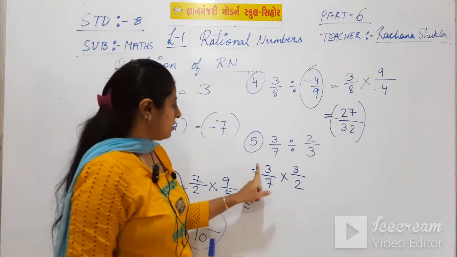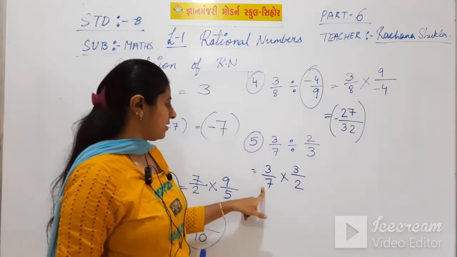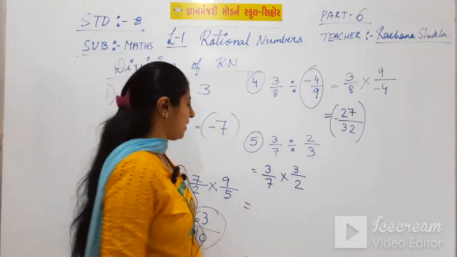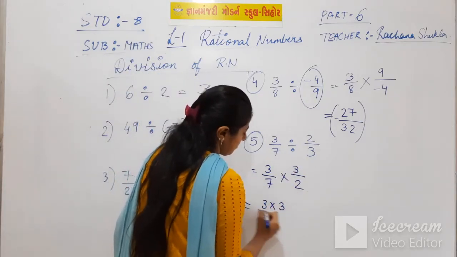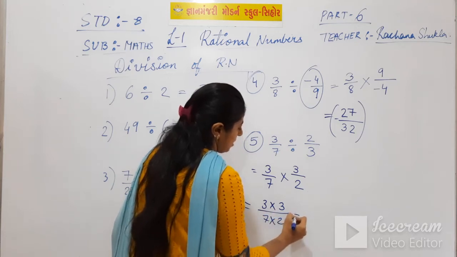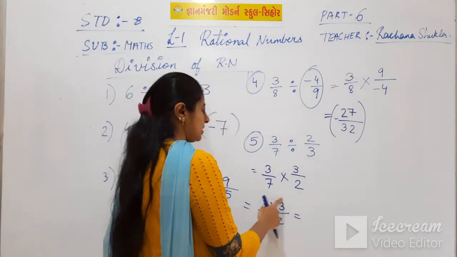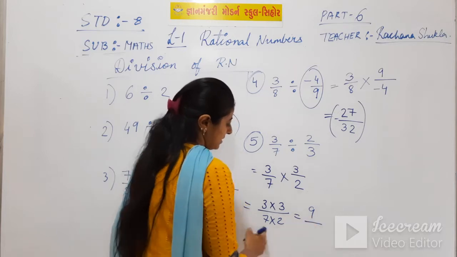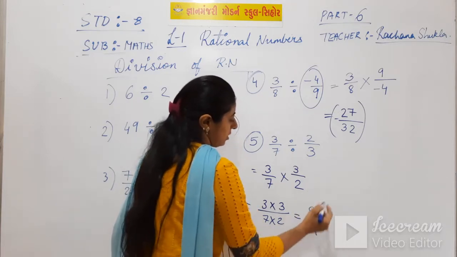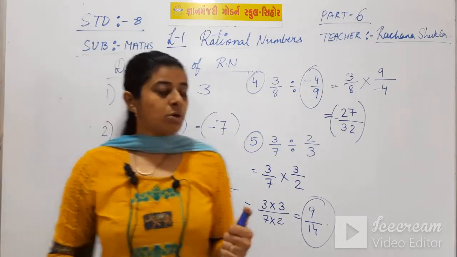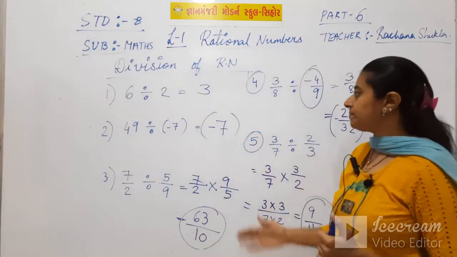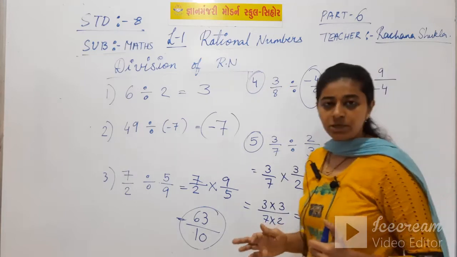No. You can cut only numerator with denominator or cross multiply. Then what do you have to do? Multiply. So 3 3s are 9, 7 2s are 14. You will get the answer 9 upon 14. This was all about division. Note down these sums in your notebook.